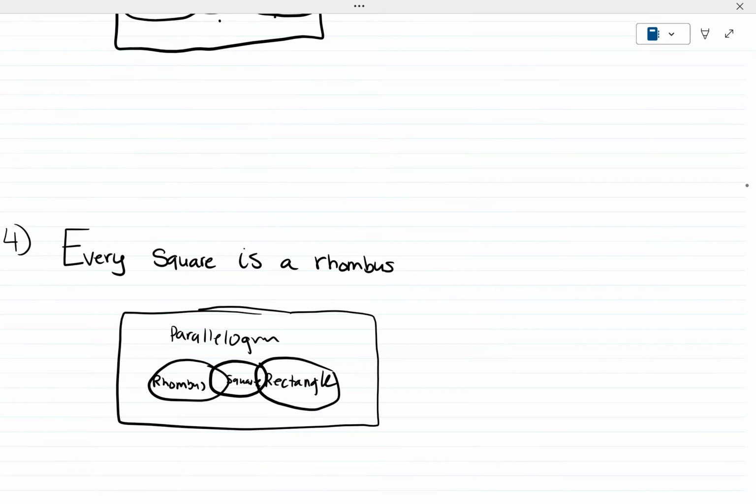So is this true? Every square is a rhombus? Yes, because a square is a mixture of a rhombus and a rectangle. So yes, it is true.